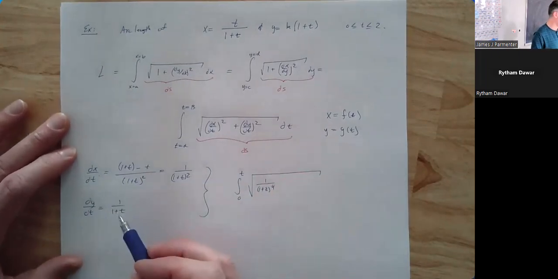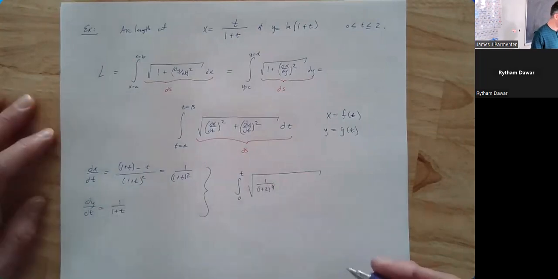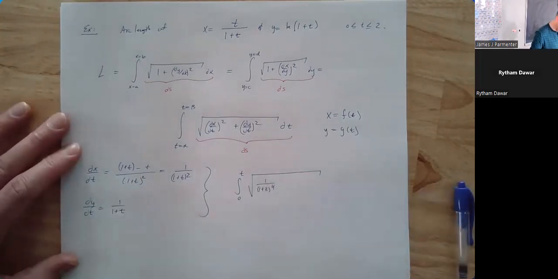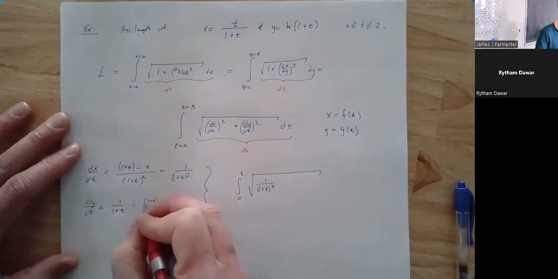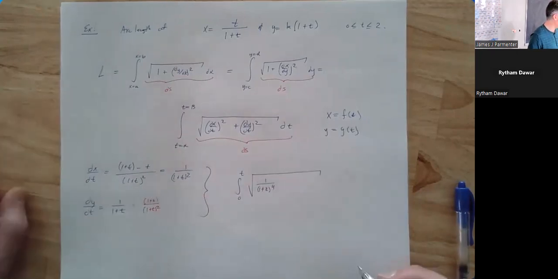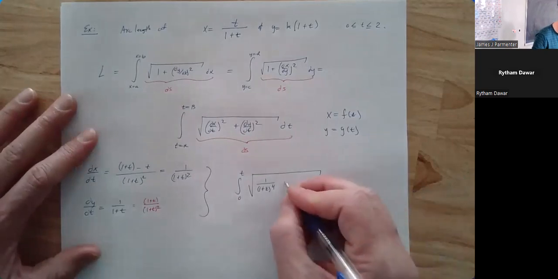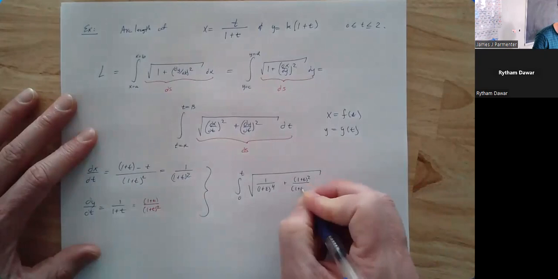I know I'm going to get 1 over 1 plus t squared, because I'm squaring this derivative, but I'm going to want a common denominator. So what I should really do is say that this here is equal to 1 plus t over 1 plus t squared. I multiply the top and bottom by 1 plus t. And then when I square that, I'm going to get 1 plus t squared over 1 plus t to the fourth.